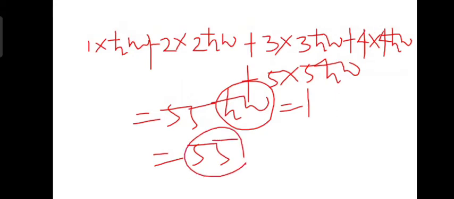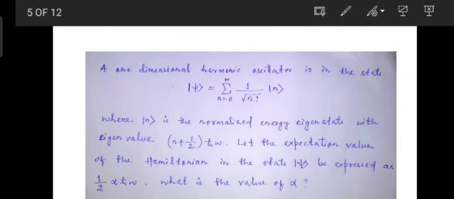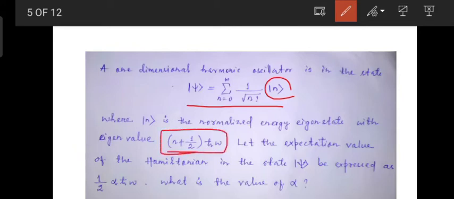Now come to the next question. A one-dimensional harmonic oscillator in the state psi is given. Here n is a normalized energy eigenstate with energy eigenvalue n plus half h cut omega.